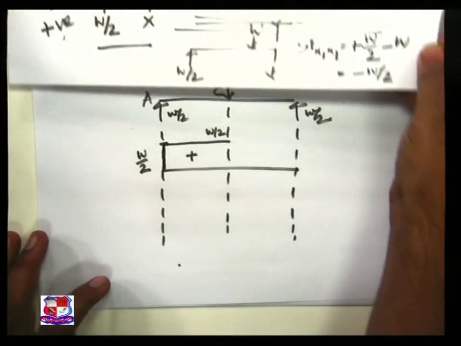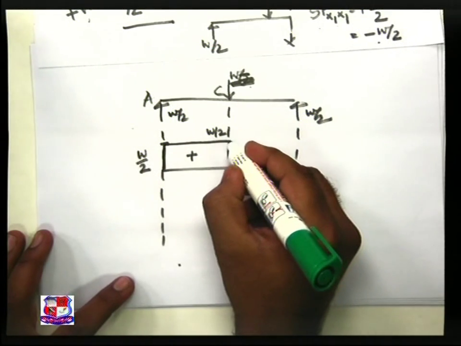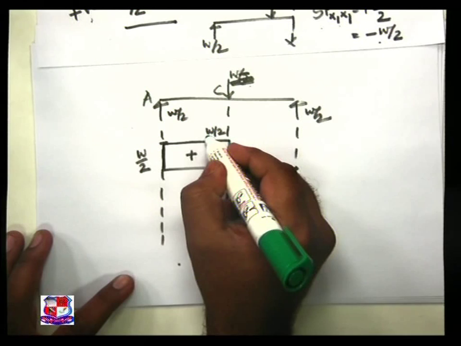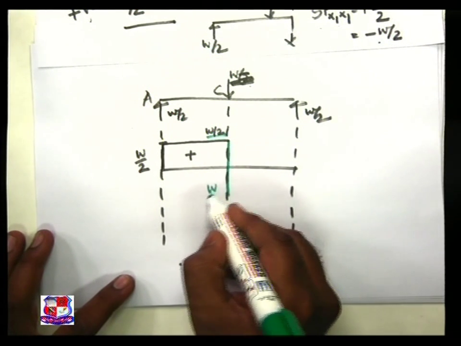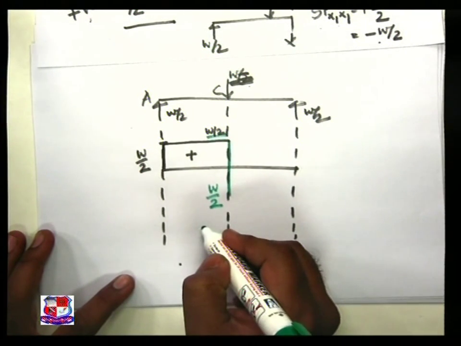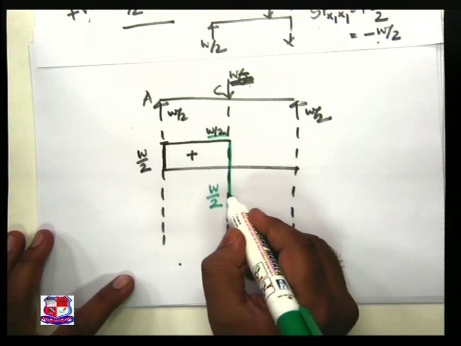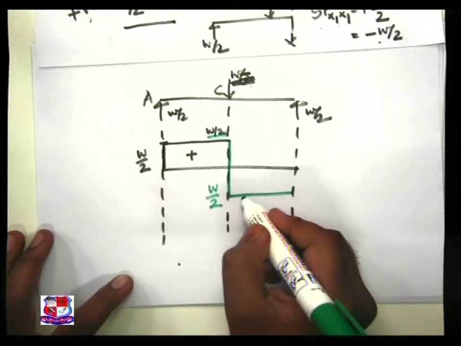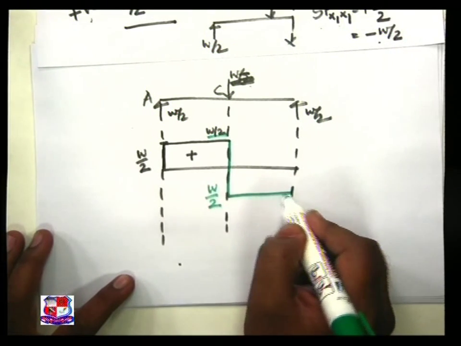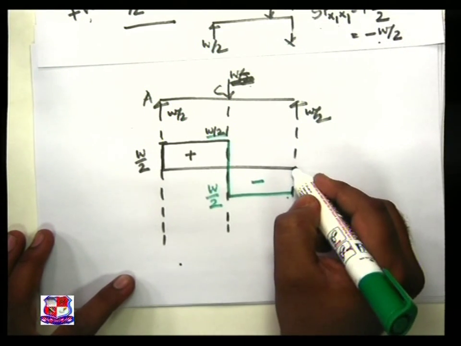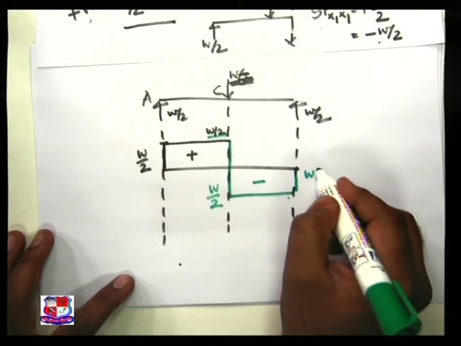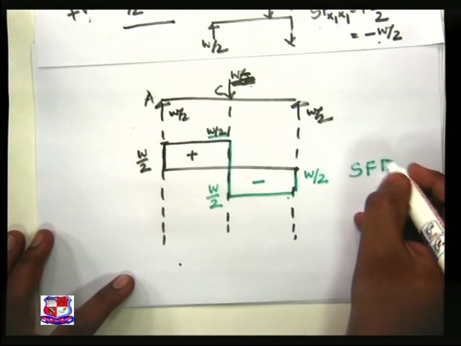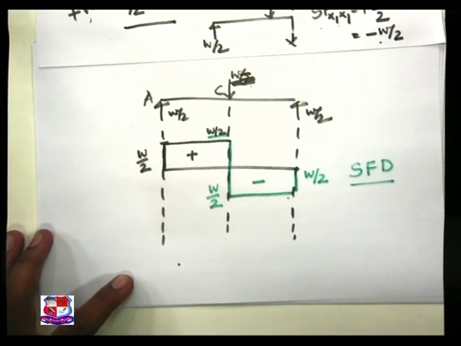So at point C there is a sudden change from plus W by 2 to minus W by 2, and between C and B once again minus W by 2 for all the points, with the minus sign. This diagram is known as shear force diagram, SFD.